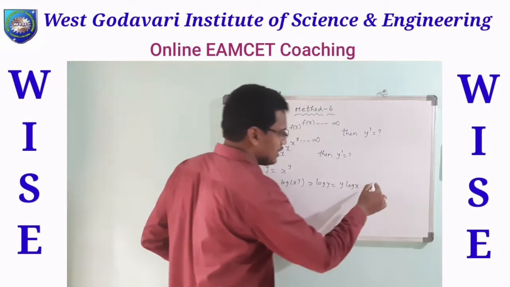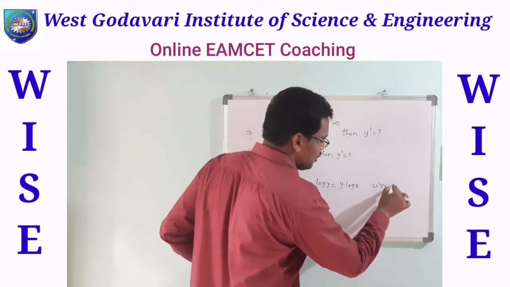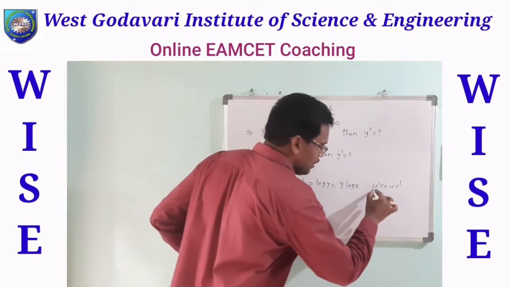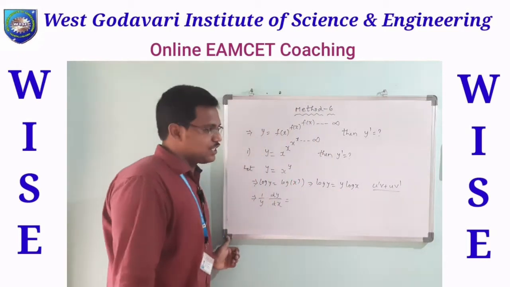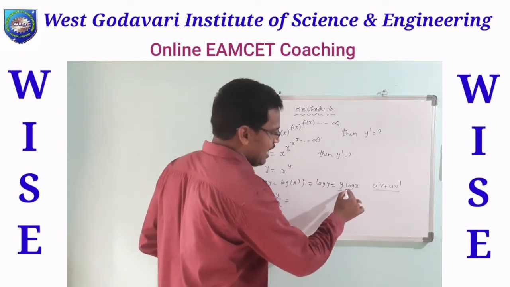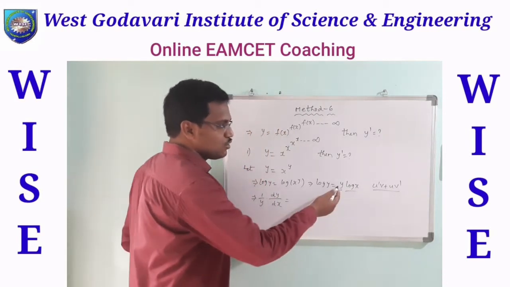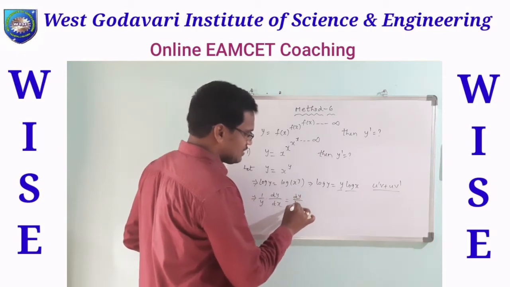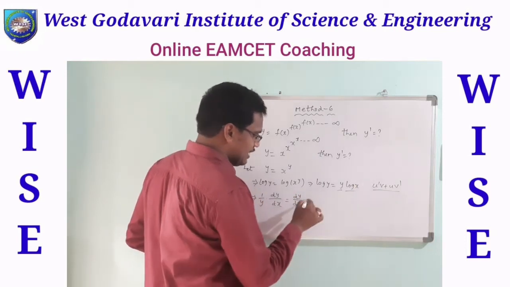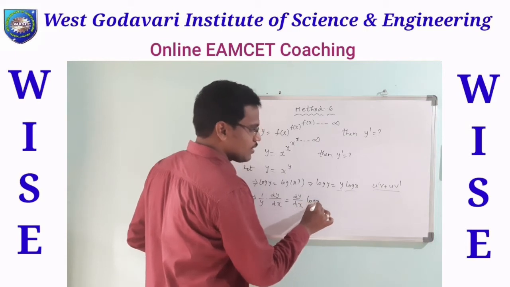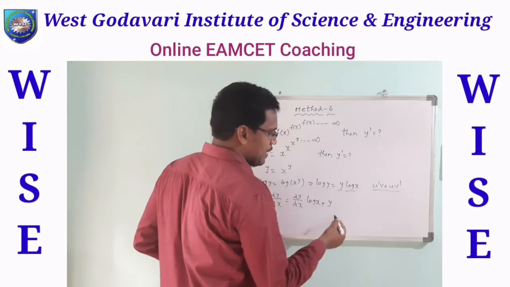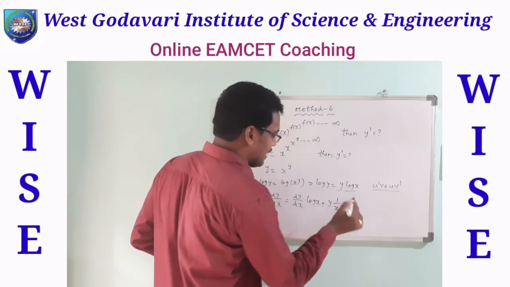We know the formula for that: u dash v plus u v dash. So differentiation of uv formula is u dash v plus u v dash. So here u is y and v is log x. So u dash means dy by dx, v that is log x, plus u that is y, v dash, d by dx of log x is 1 by x.